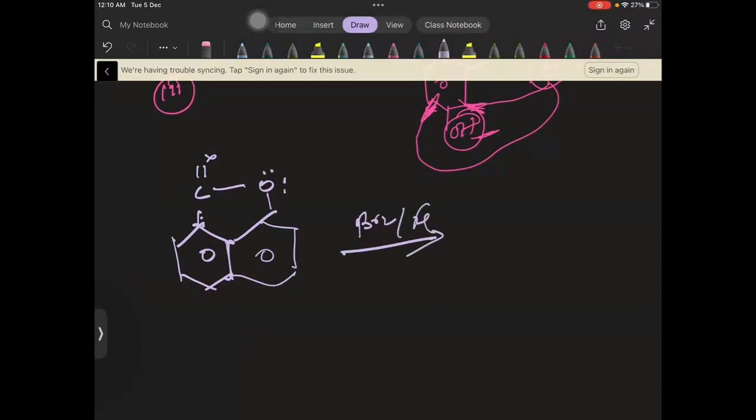Again, C double bond O is the group. When resonance happens, a positive charge appears, correct? A positive charge on any substituent attached to the benzene means it is an electron withdrawing group. C double bond O is an electron withdrawing group, and the electron density is going to increase on these positions.